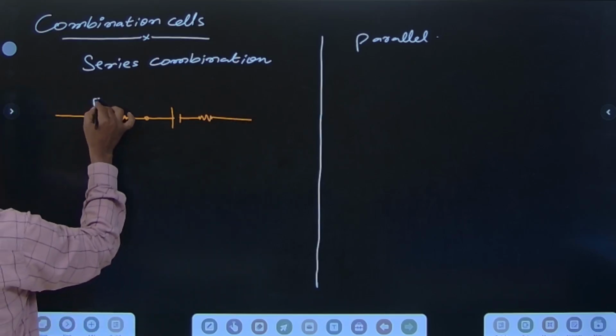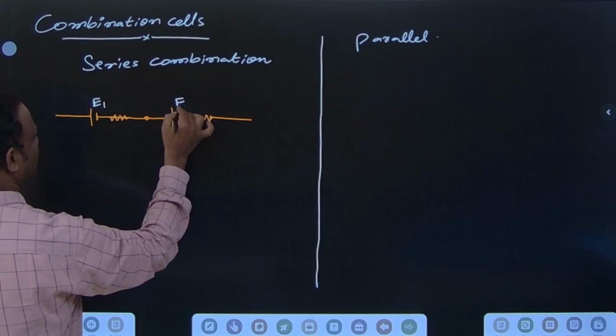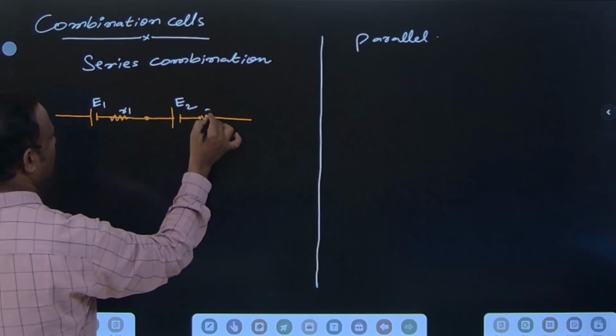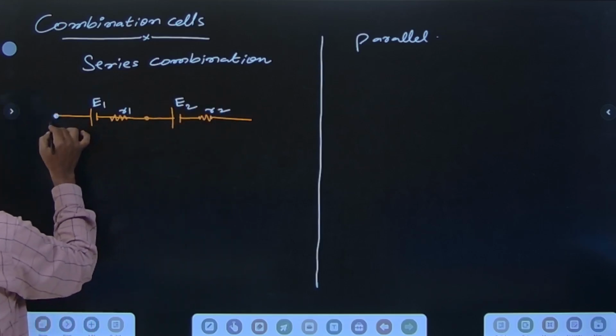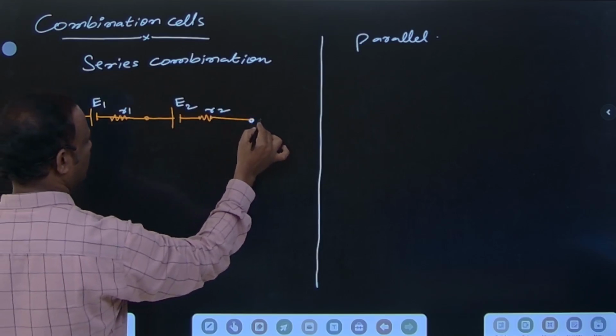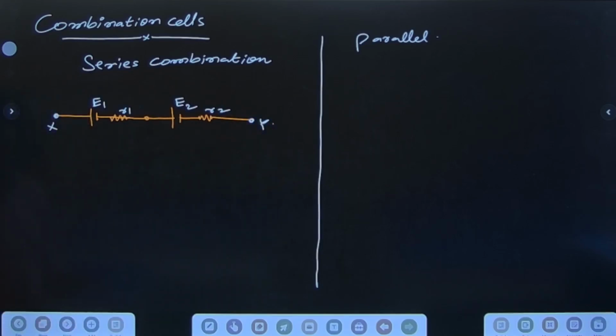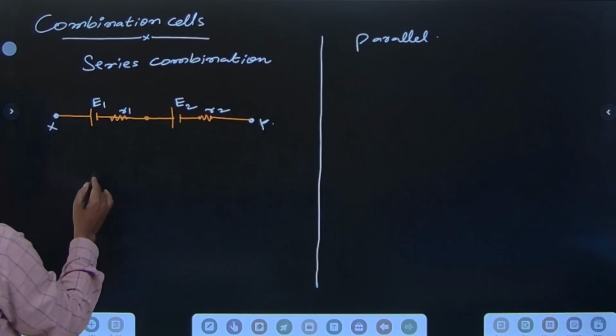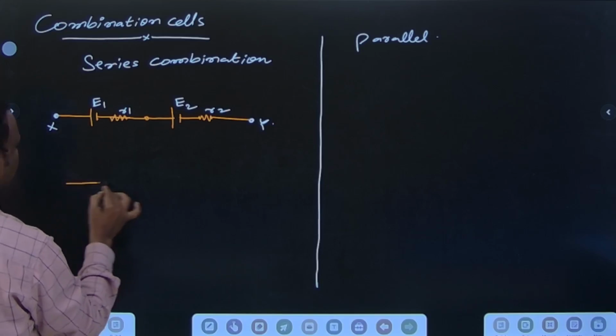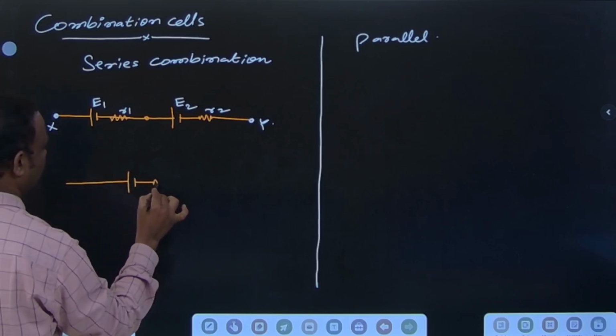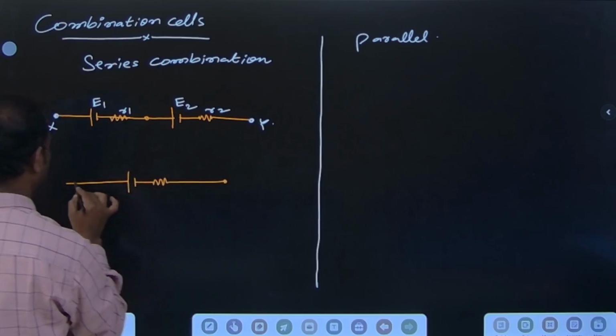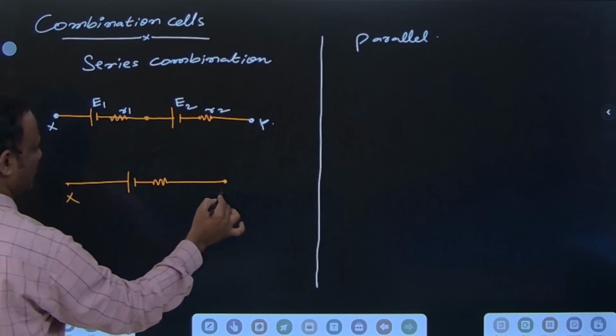So its EMF is E1, this is E2, its resistances are R1 and R2, and the terminals are X and Y. So its equivalent is like an equivalent of these cells, X and Y.